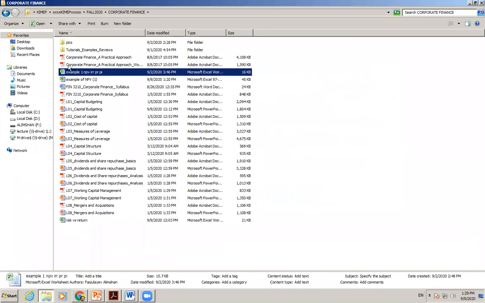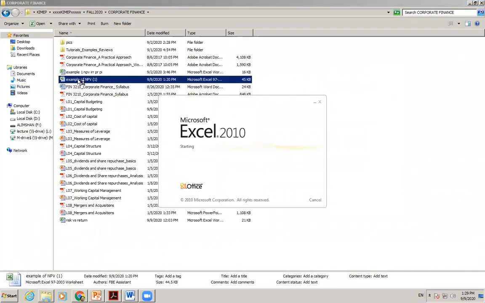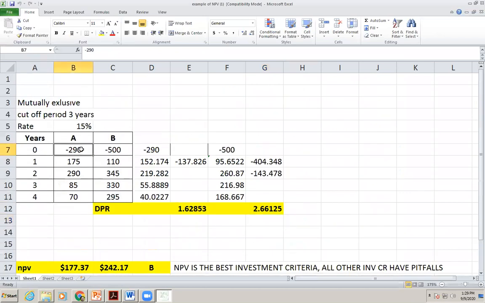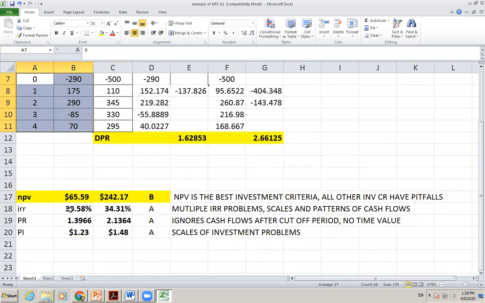So same thing in here. This is an example of NPV. So here we have only one IRR, but if this was negative, that means the NPV line will pass the x-axis line of the required rate of return twice. But which IRR, we don't know.